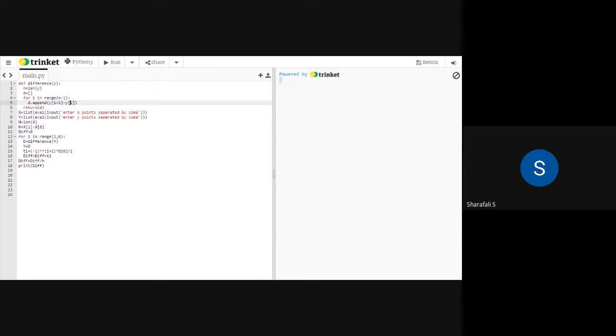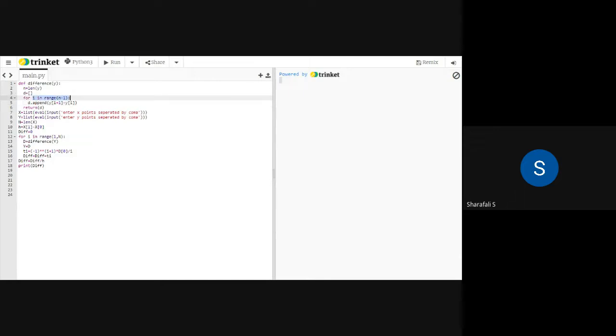So that is the first difference. Then d dot append this value, which means that this empty list will be appended by these values. First one will be y of 1 minus y of 0, and then again it will check whether this condition is reached or not.